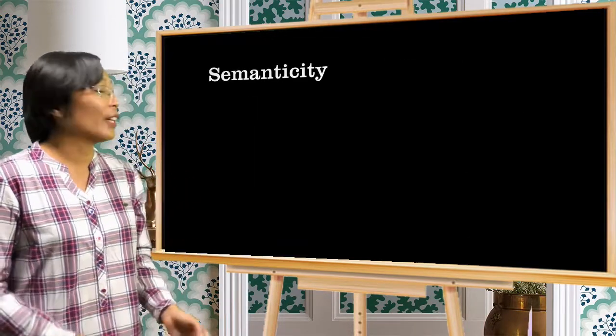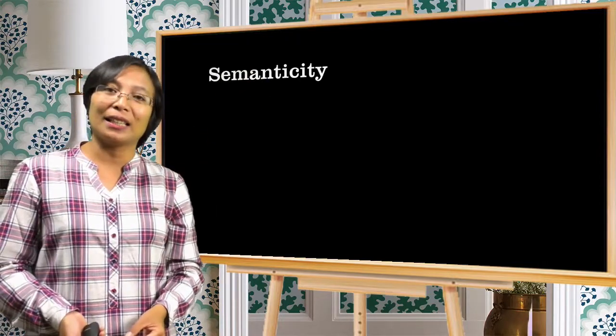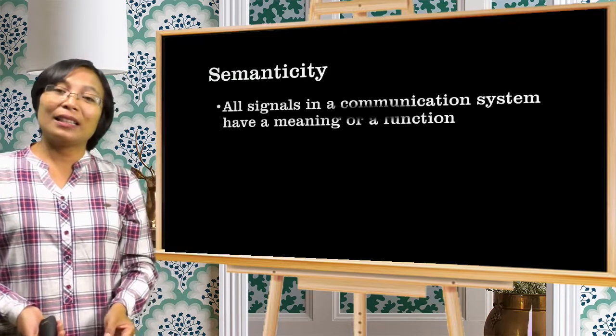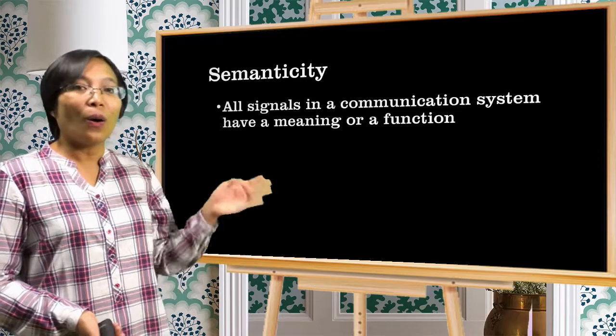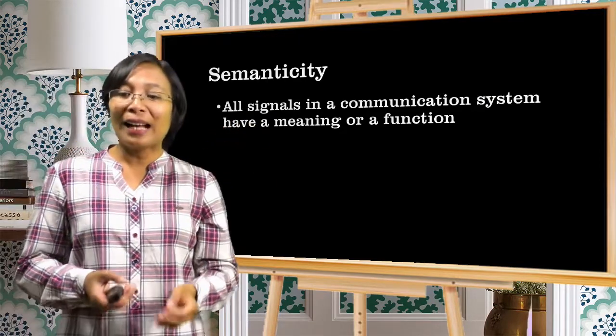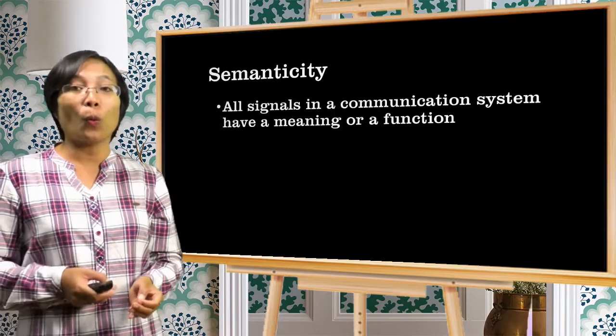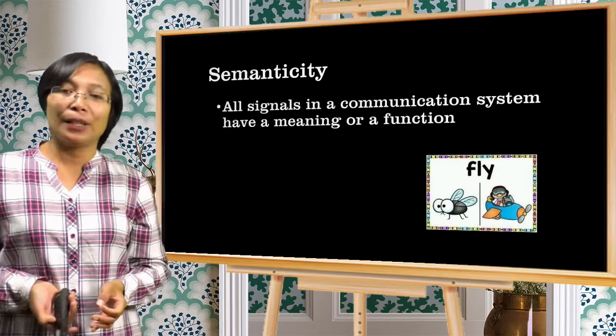The second feature is semanticity. What is meant by semanticity? Semanticity is related to meaning. That means that all signals in a communication system have a meaning or a function. Let us see one example here.